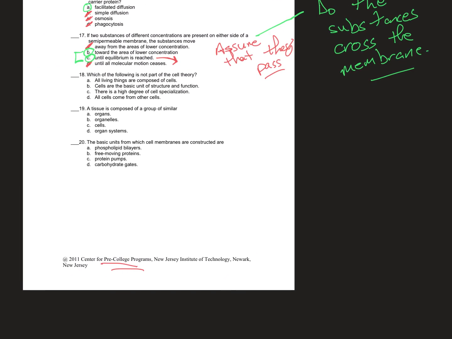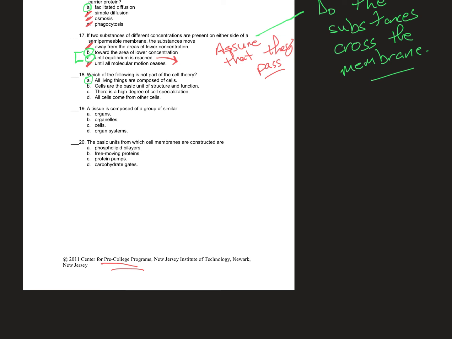Which of the following is not part of the cell theory? This is a cell theory. It's, I think, one of the first things that Robert Hooke came up with. It's discussed in the chapter. It says all things are composed of cells. That's true, and that is part of cell theory.